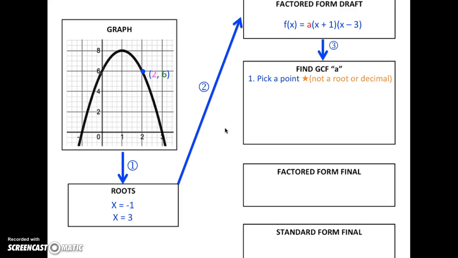It's not a root, it's not a decimal point. That point is on 2 grid lines, so I can use that. I could not choose 3 comma 0, which is one of my roots, or a point here, which is around 2.7 comma 2, because I'd have to estimate the x value. So we're not going to use those points.